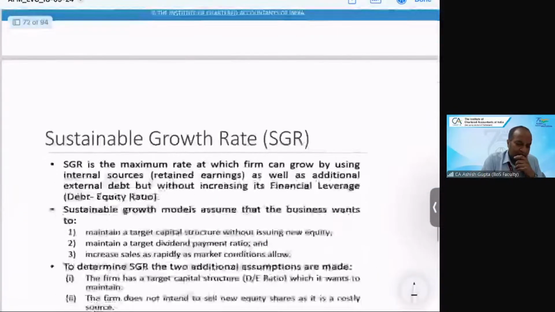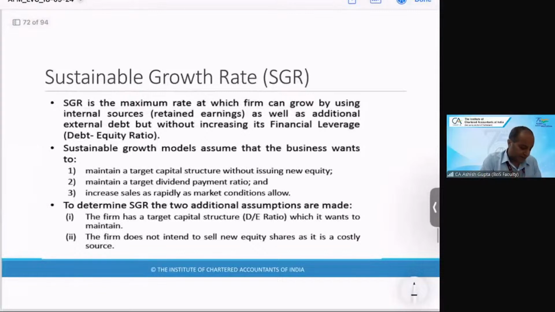Okay, students. Now I am coming to the next concept, that is sustainable growth rate. What exactly is this?